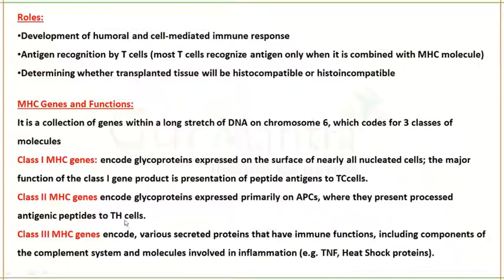The next class is MHC3 genes. So they will encode various proteins that will have immune functions like the complement system, or they will be involved in inflammation reaction. The examples of these type of proteins will be tumor necrosis factors and heat shock proteins.